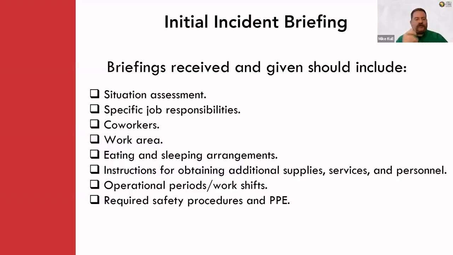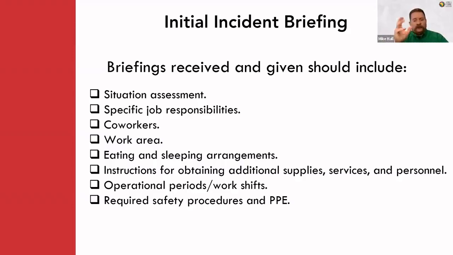This just names some of the stuff, what's the situation, what are your responsibilities going to be, who are you working with, where are you working, here's where you're going to get food, or here's where you bunk down at night at the end of your shift. Here's how you get the stuff that you need. Here's your work shift.